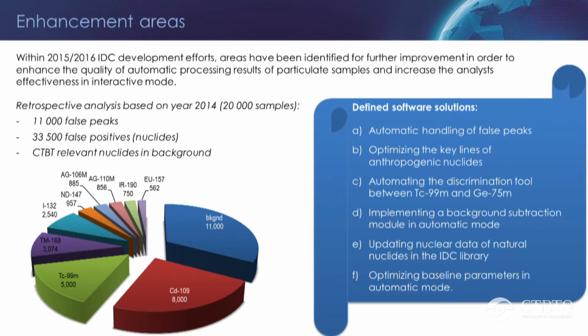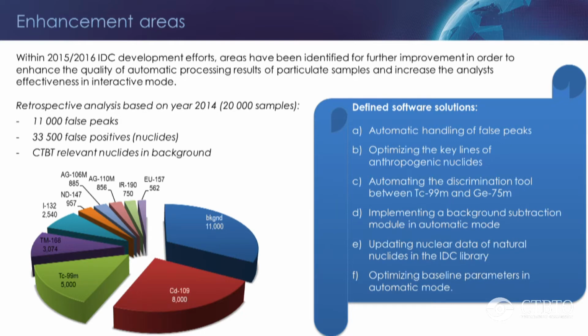Out of the 20,000 samples, we realized that we had 11,000 false peaks, which means almost a false peak in every second sample. Then 33,000 false positives in terms of nuclide identification, which corresponds to an average of 1 false positive per sample.